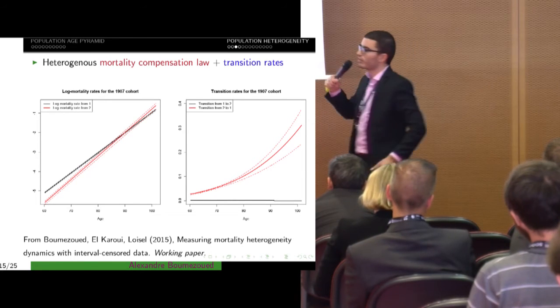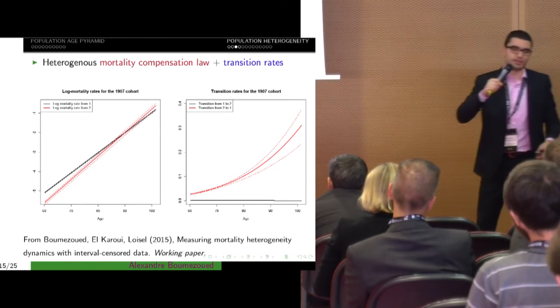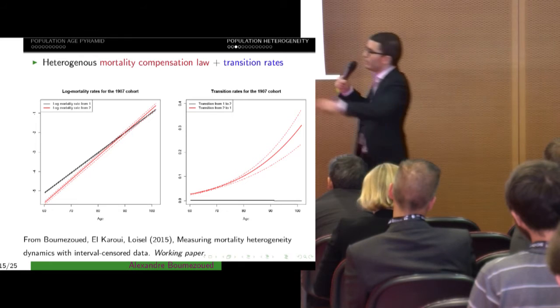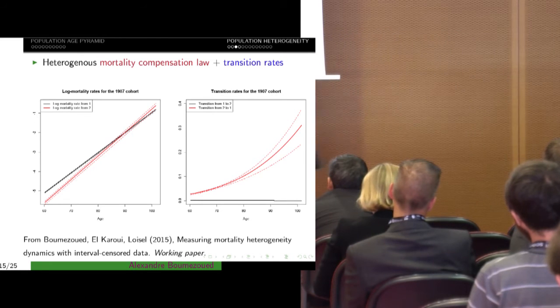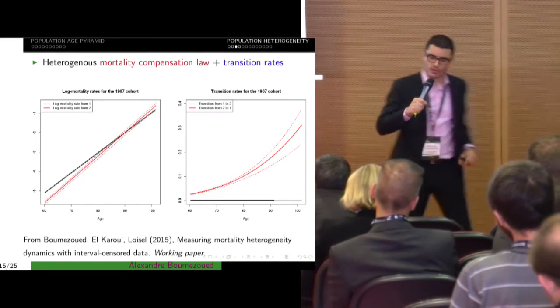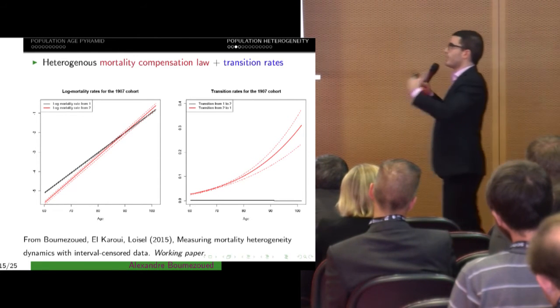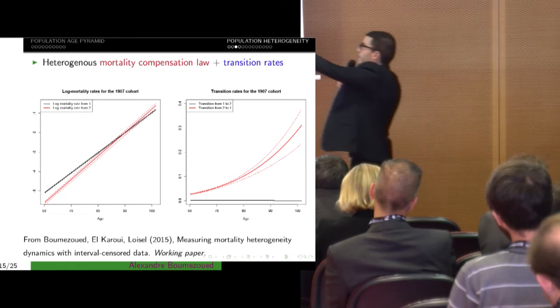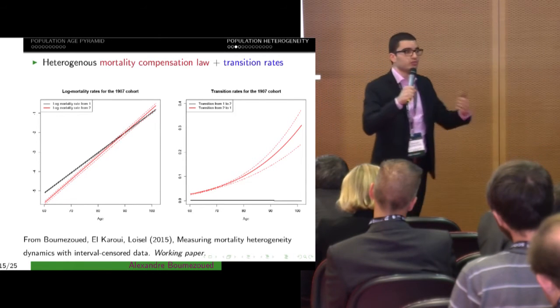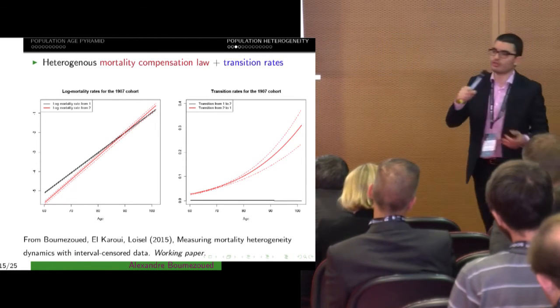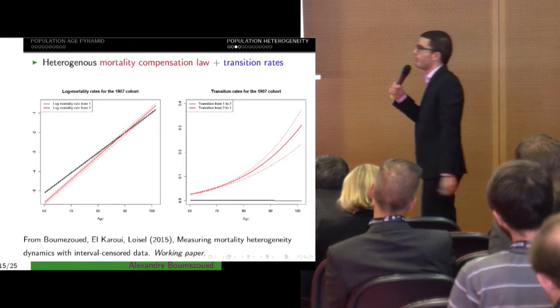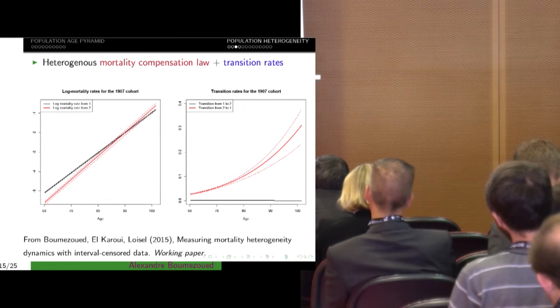In red, transition from married to non-married. At these ages, above 60, this is mainly married to widow, so this is the age pattern of the transition rate from married to widow. In black, the transition rate from non-married to married. Of course, due to age, it is a very small probability. Okay, transition intensities are captured.